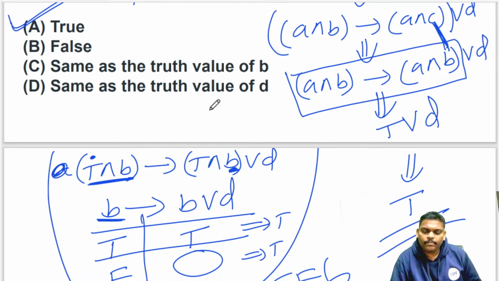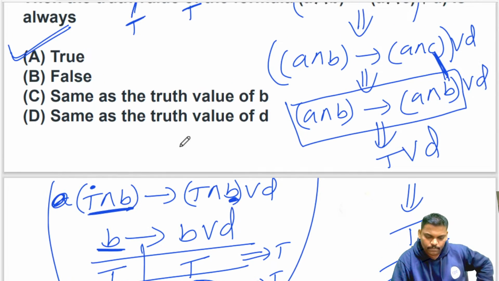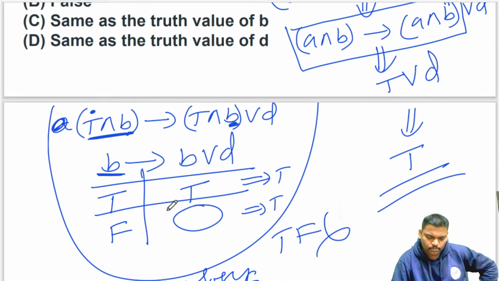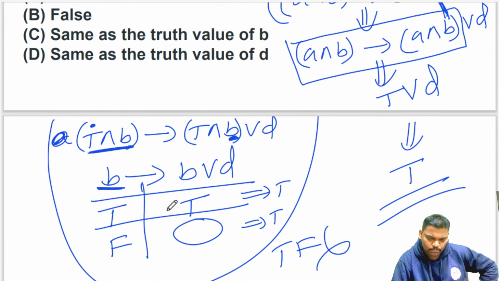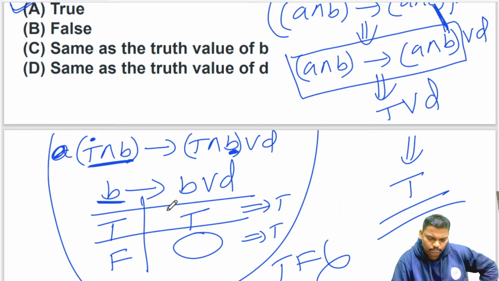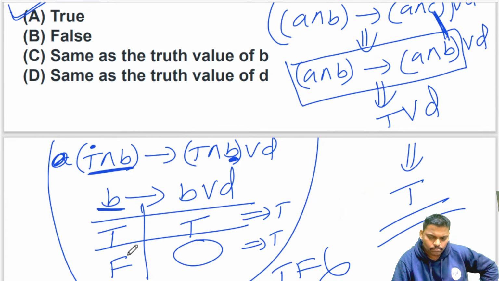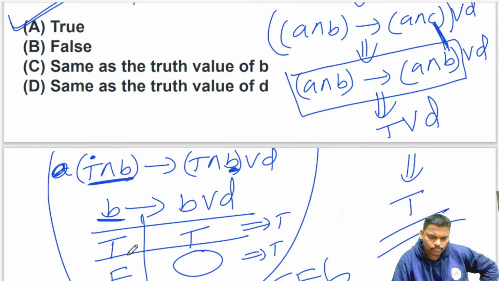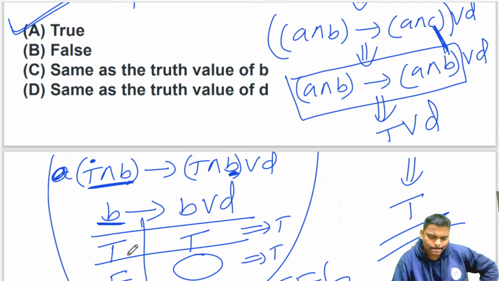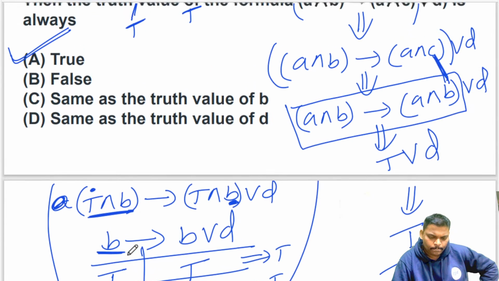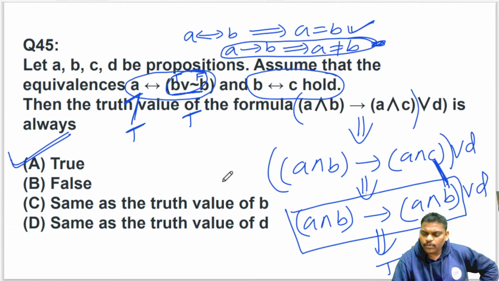Same as the truth table of B. Then the truth values of the formula A and B is always the same.